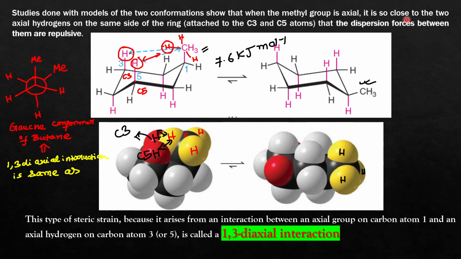In that lecture I talked about the gauche interaction, where there is an interaction between these two methyl groups. These two methyl groups get very close to each other, so there is a repulsive interaction between their electron clouds, and that's why they have higher energy than the anti conformer. That's why the gauche conformer of butane has high energy.